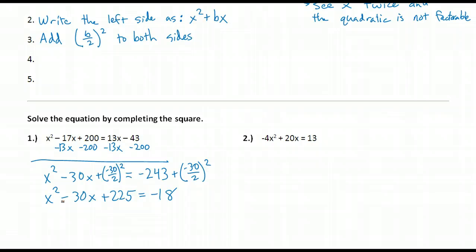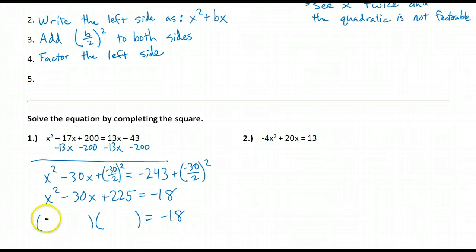That's step 4. Factor the left side. So I have a trinomial that I'm going to factor into the product of 2 binomials, x and x. And 225 is a perfect square. 225 is 15 times 15.